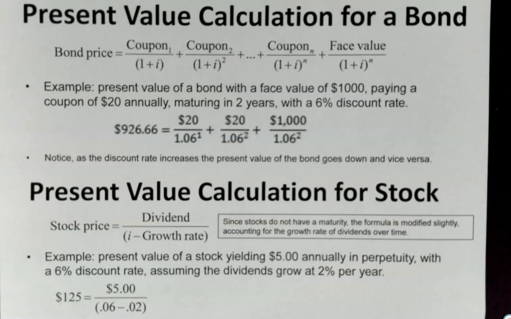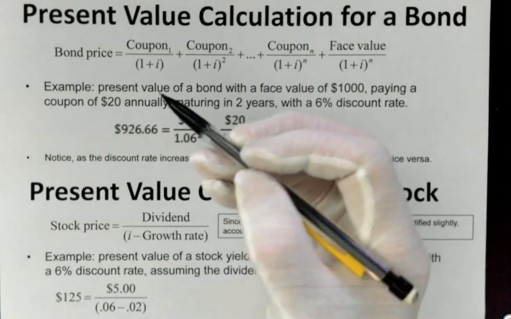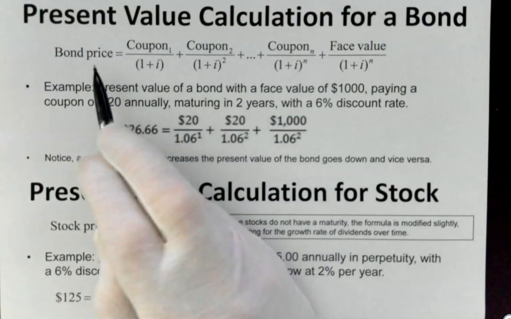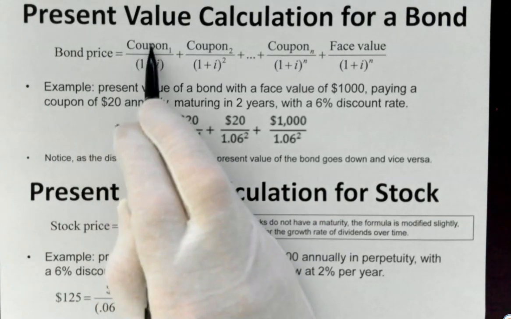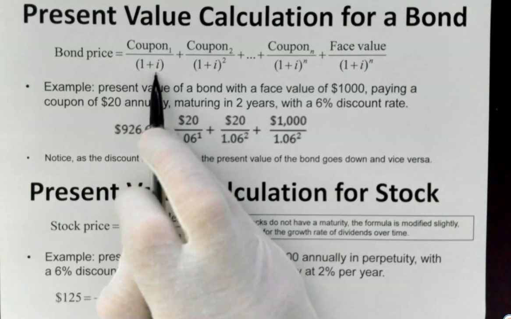The process mathematically is the same. We're taking a future value and we're turning it into a present value. What will differ is a few details, like the way we identify what a future payment is called. For example, when you're dealing with bonds, the bond price, which is the present value, is going to be equal to the coupon divided by the discount rate.